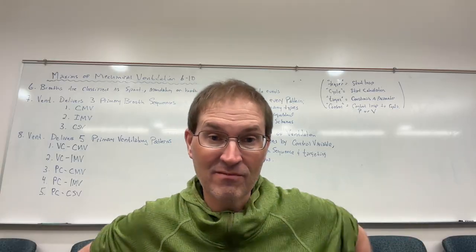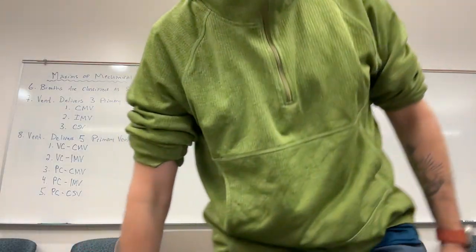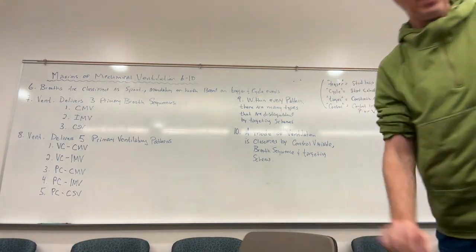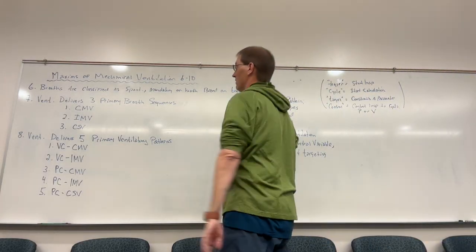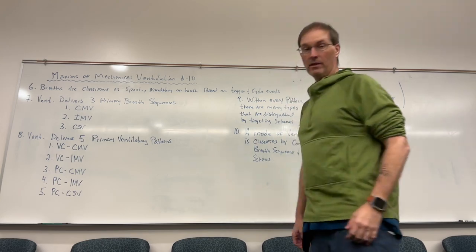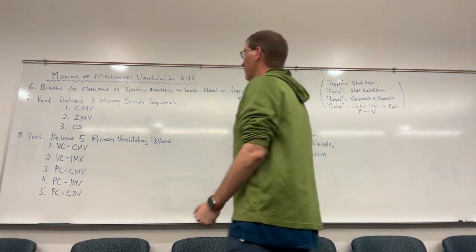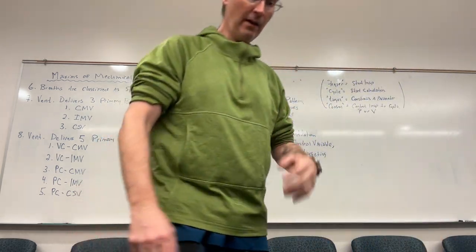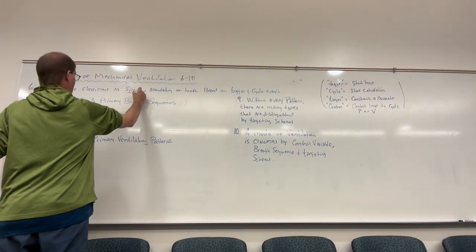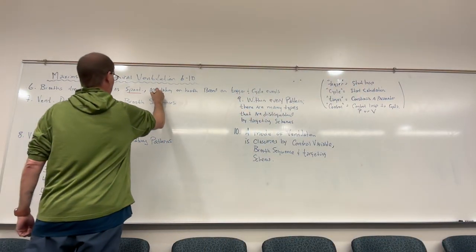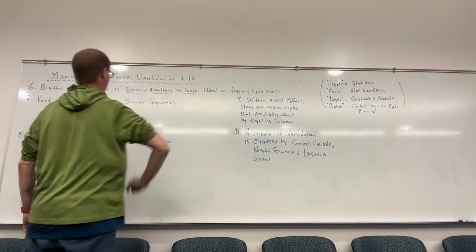So let's take a dive. All right, so Maxims 6 through 10. All right, so when we talk about defining breaths, mechanical ventilator breaths are classified in one of a few ways. They are classified as spontaneous, mandatory, or both.